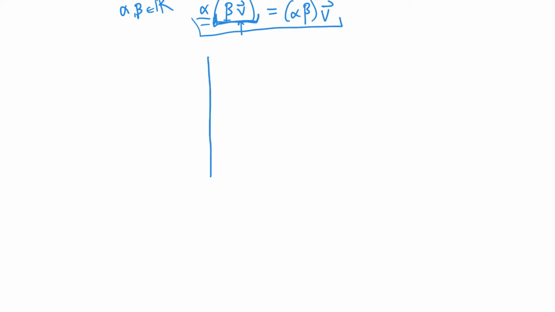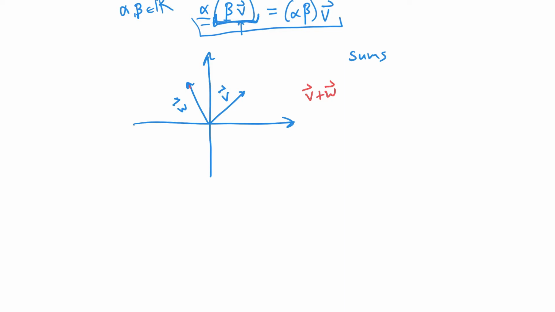I'm going to do all this first in R2, because it's a whole lot easier. So let's talk about sums of vectors. I have a vector v, and I have some vector w. What is the sum of those vectors? Well, the actual sum v plus w can be seen as the following.